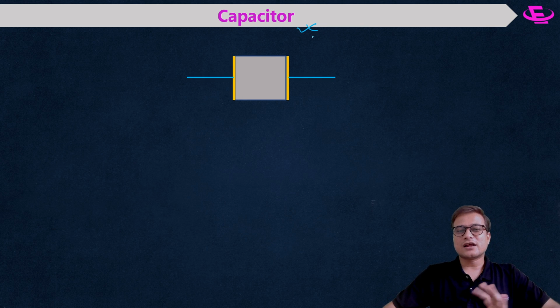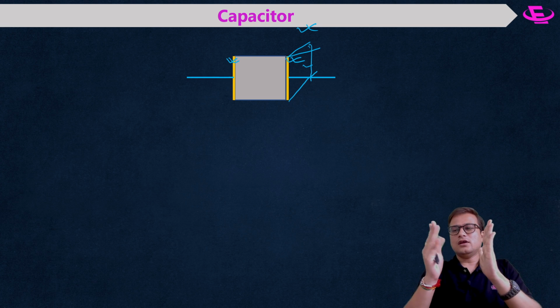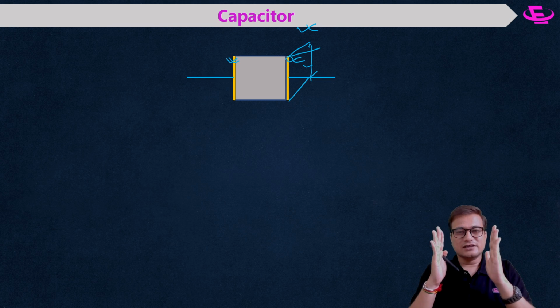Next, let us discuss the capacitor. How to construct a capacitor? Two plates are connected in parallel. There are many different types of capacitors. Right now I am discussing the parallel plate capacitor. The plate is like this. This is the plate. This is the plate. Clear? So there are two plates like this, separated by some distance.